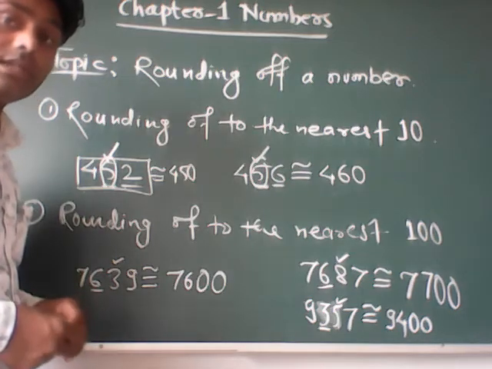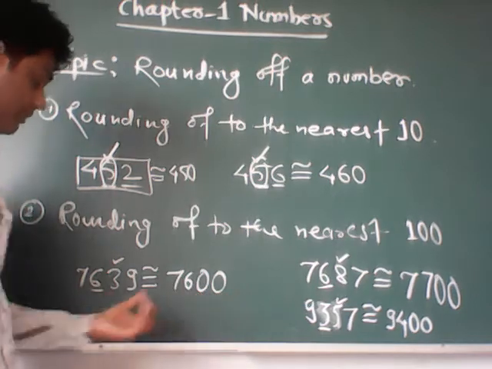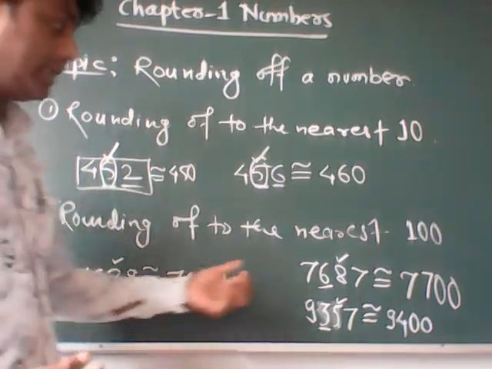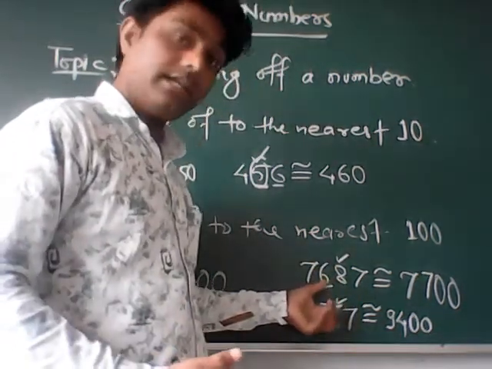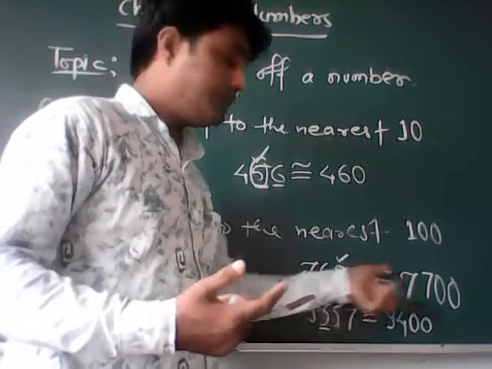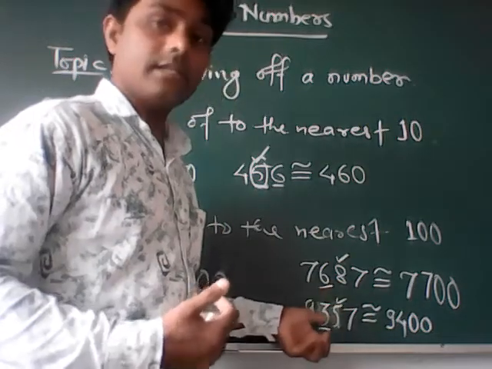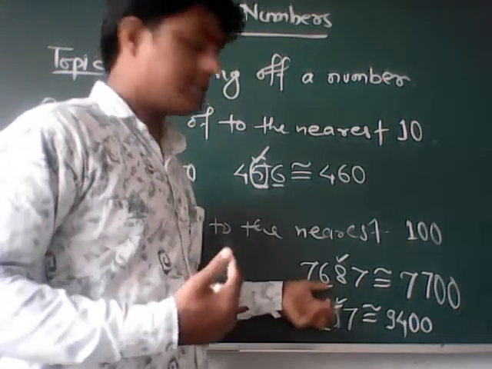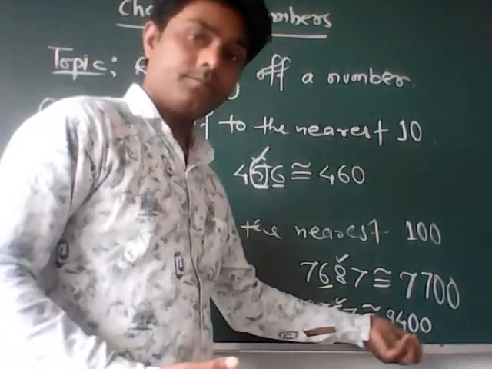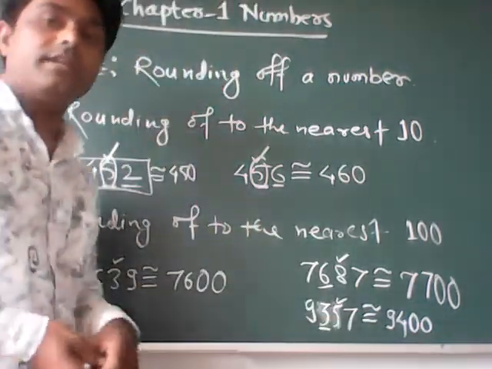If it is less than 5, then the following digits become 0, and there will be no change in the underlined digit; it remains as it is. But if the digit next to the underlined digit is greater than or equal to 5, then those two will become 0, 0, but we have to make one change to the underlined digit: we add 1. If it is 5, it will become 6; if 6, then 7; if 3, then 4, and the rest of these numbers will be 0, 0. Okay, so this is estimating numbers.